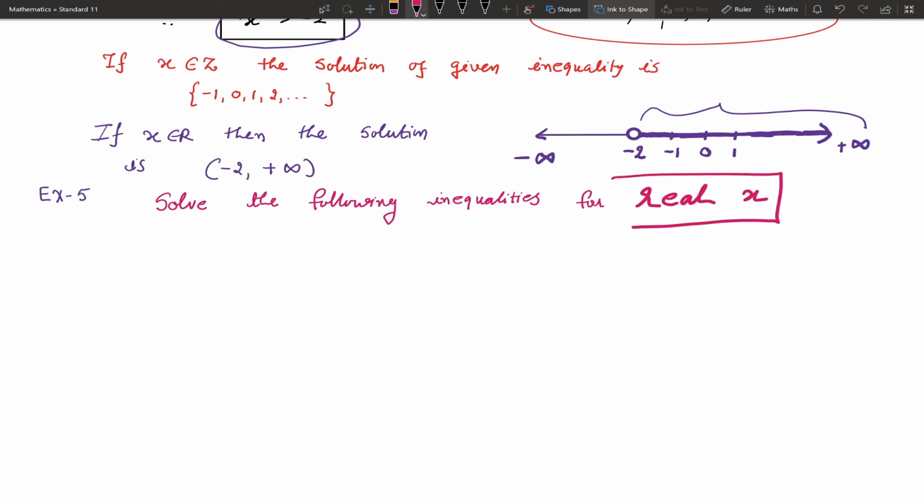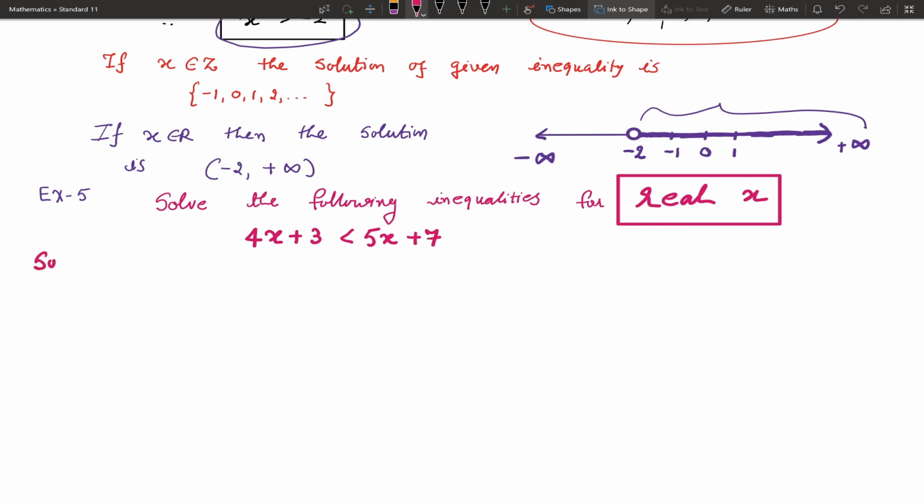Now we have to solve the following inequality only for real x. 4x plus 3 less than 5x plus 7.